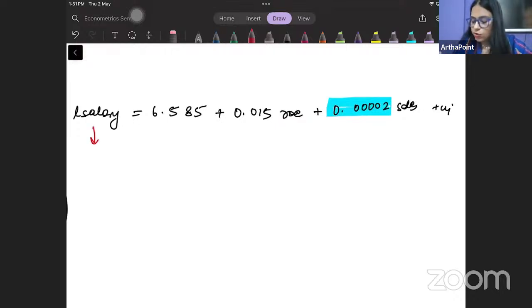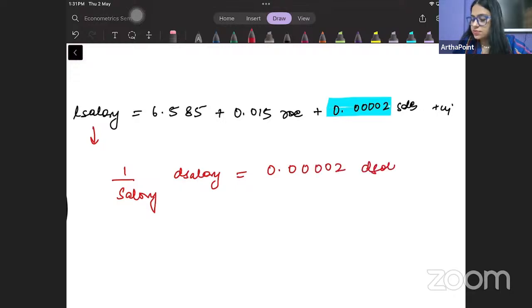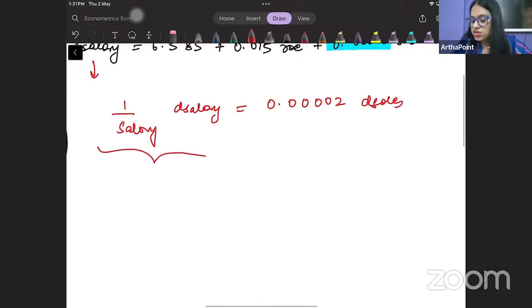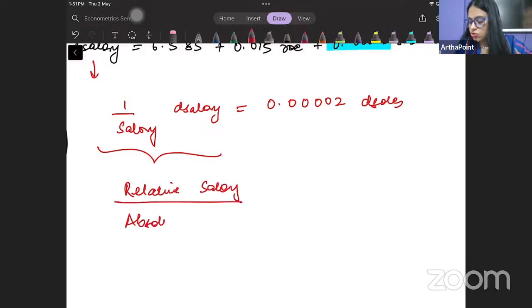So if I just differentiate, I will get 1 by salary, D salary is equal to 0.00002 D sales, right? So this is telling me the relative change in salary due to the absolute change in sales, that will be 0.00002. Relative change due to the absolute change.